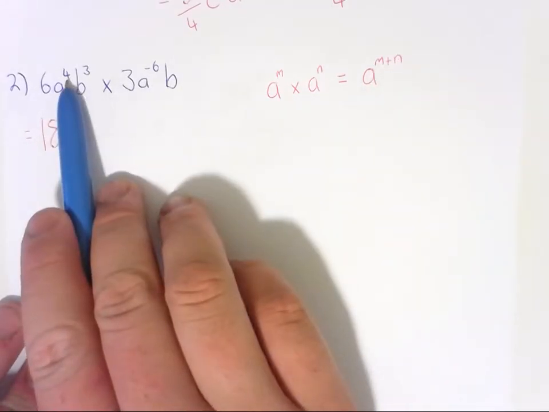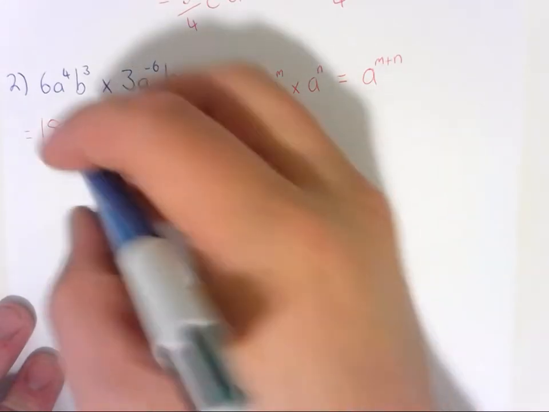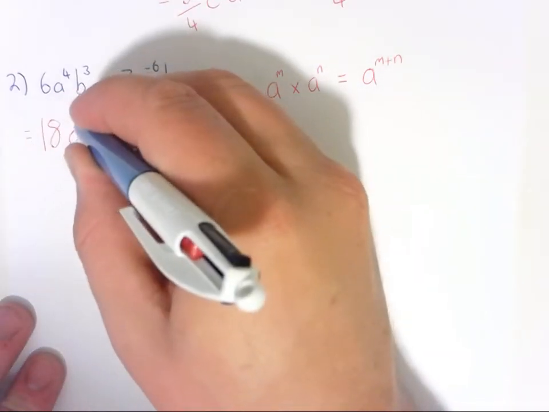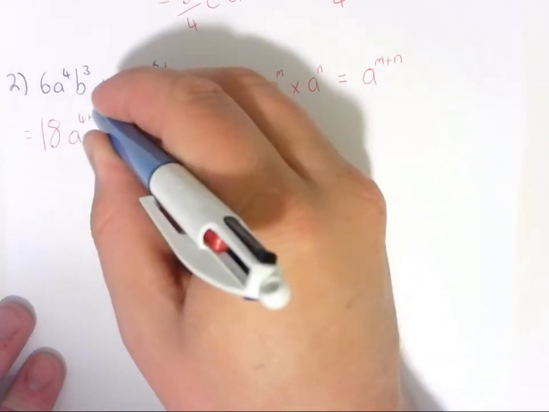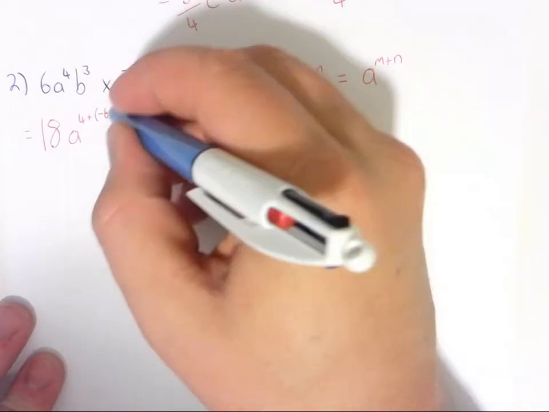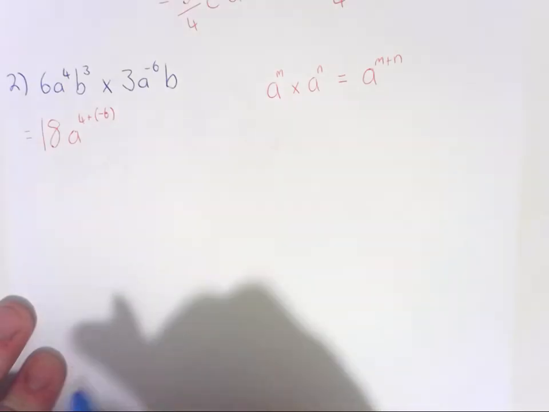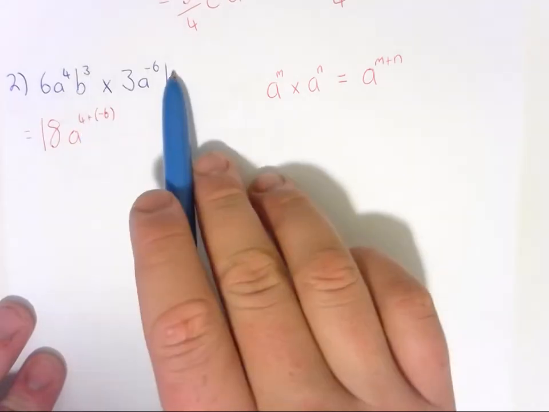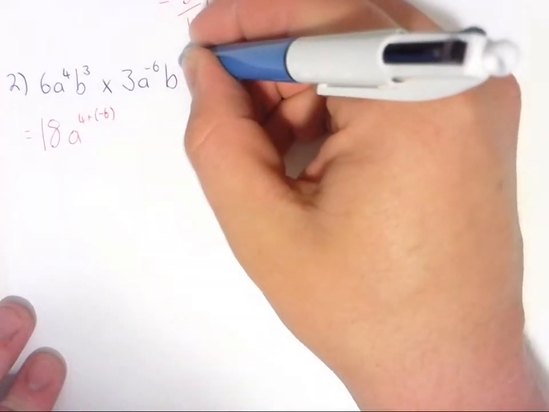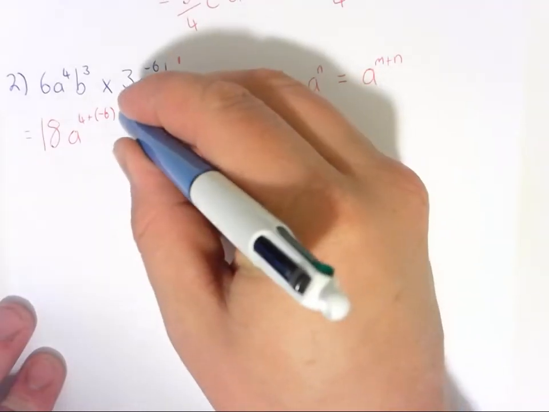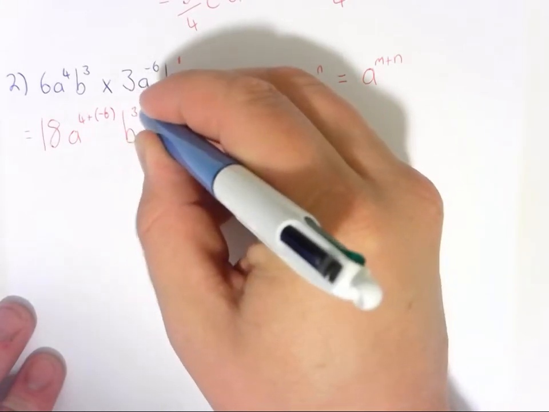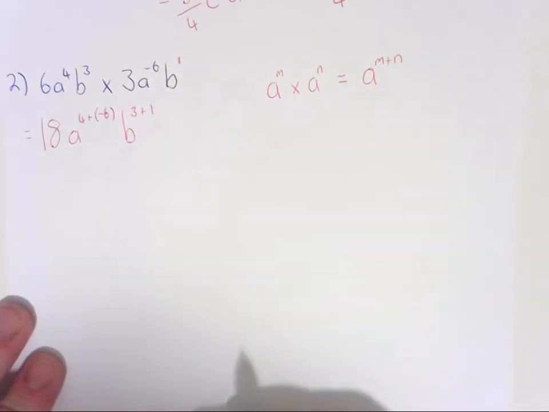So I need to go this 4 and this negative 6, which becomes a to the power of 4 plus negative 6. Then I have b^3, and remember this here is like b to the power of 1, so that becomes b to the 3 plus 1.